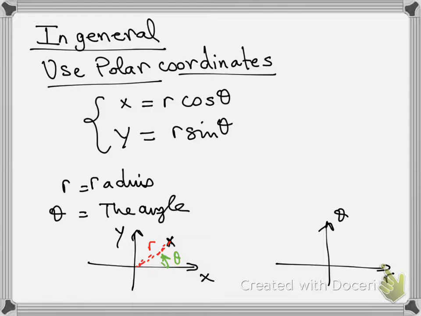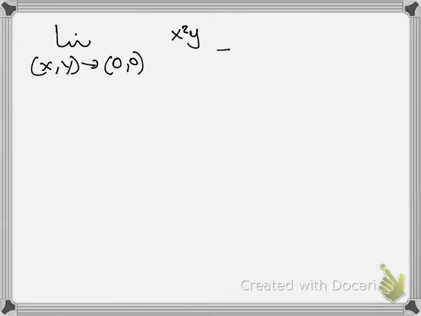So how do polar coordinates work? For example, let's say you want to compute the limit as (x, y) goes to (0, 0) of x squared y over x squared plus y squared.